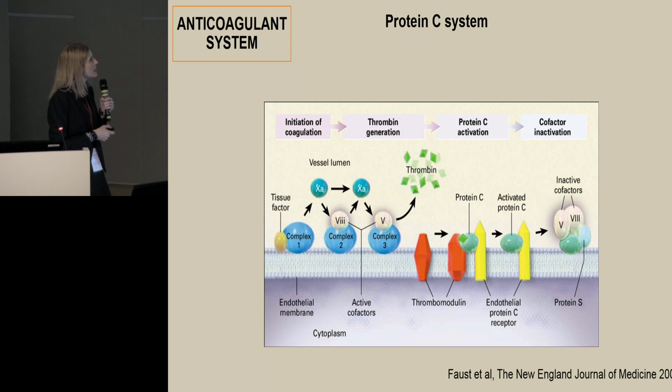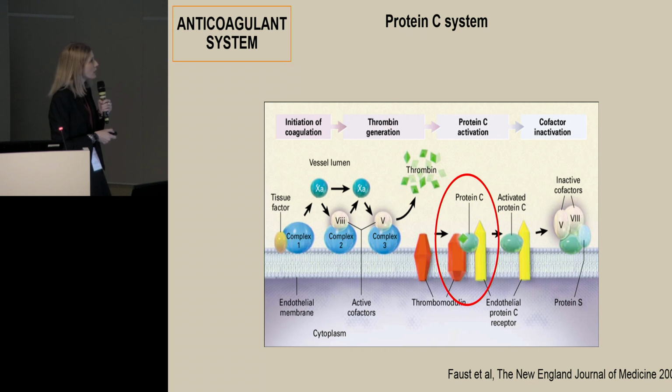Protein C system is actually a very nice example to see the double role of thrombin, because thrombin, as you have seen, acts as procoagulant, but also thrombin can exert anticoagulant functions, like here. Thrombin, when it comes in contact with an intact endothelial cell, will bind to this receptor, which is called thrombomodulin, and in the presence of protein C, will activate protein C to its active form.